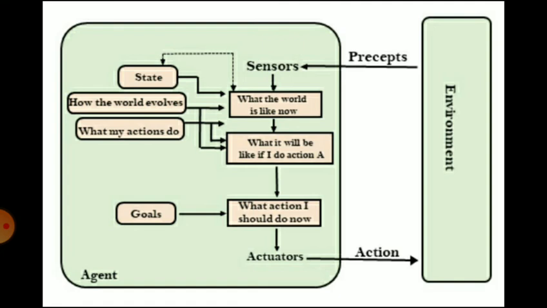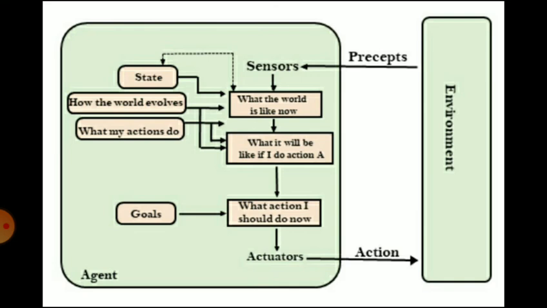Then how the world evolves and what my actions do, that is the study of a history and what action has been taken at that time. That is called a model.